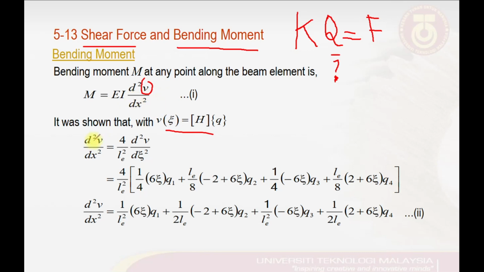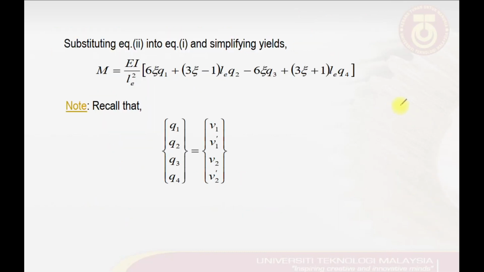The second derivative of v over x can also be written in the natural coordinate system, which is given by 4 over L squared multiplied by the second derivative of v over z squared. This can be represented by the second and third equations in these slides. Substituting equation 2 into equation number 1 gives us the first equation in this slide.